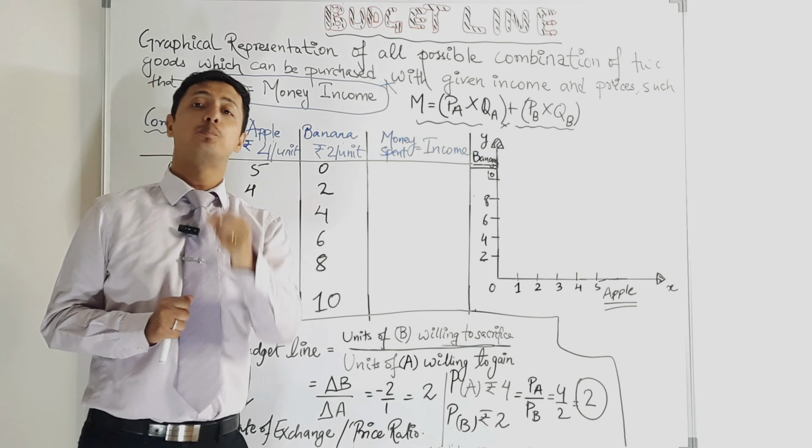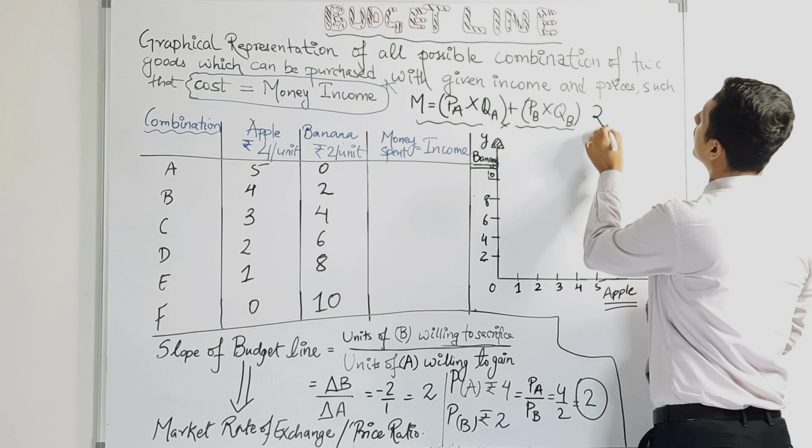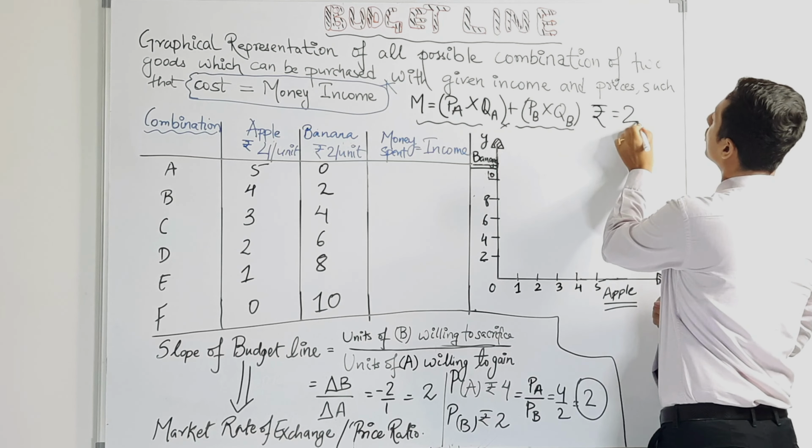Then our total income, let's say, is rupees 20. Let's say our total income is rupees 20. And now the assumption goes that the total money income that we have, we need to spend everything in buying the two goods, right?